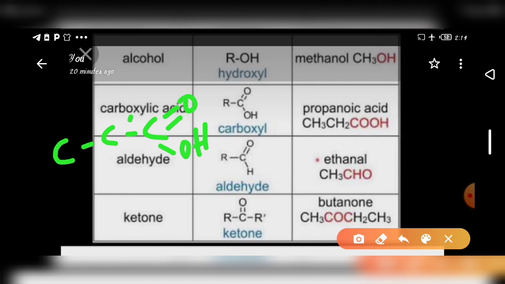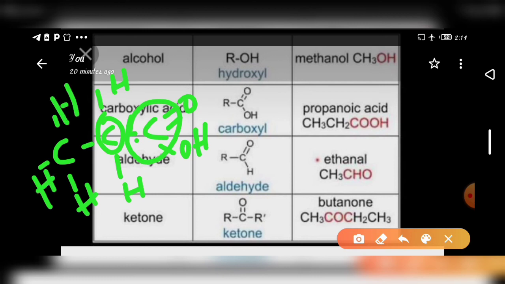Totally how many bonds will be fulfilled? Four bonds will be fulfilled. So it does not have any hydrogen in it. But this center carbon contains only two bonds, so you put two hydrogens here. Next, the last carbon contains only one bond, so you put three hydrogens here.